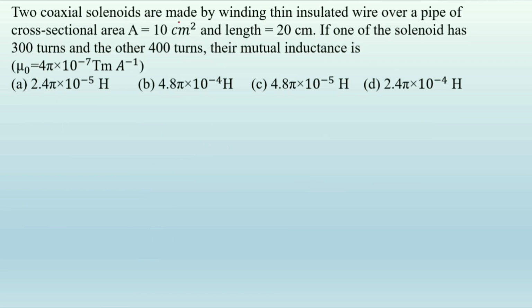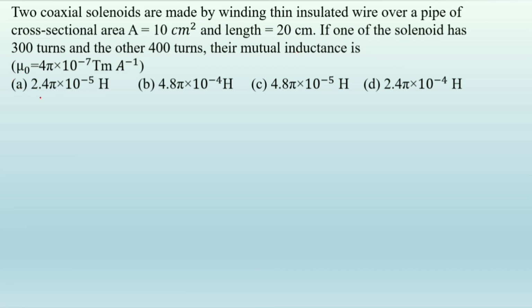Two coaxial solenoids are made by winding thin insulated wire over a pipe of cross-sectional area A equal to 10 cm square and length is 20 cm. If one of the solenoids has 300 turns and the other has 400 turns, then their mutual inductance is.